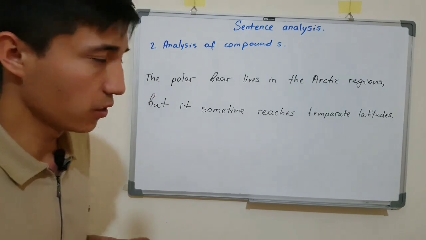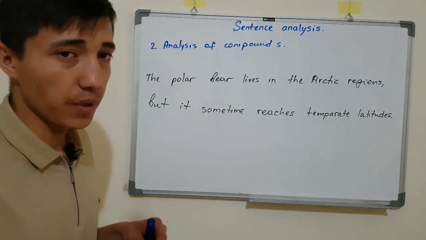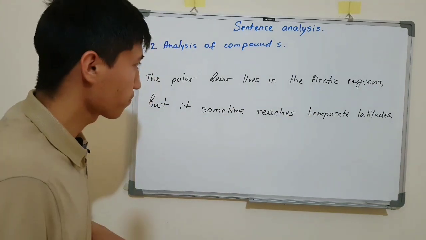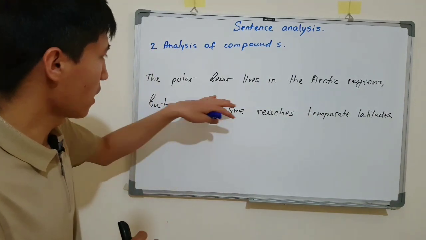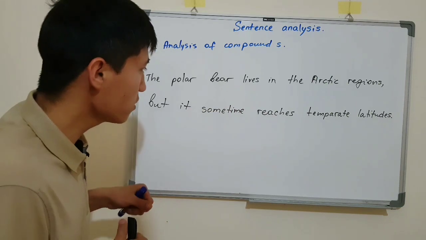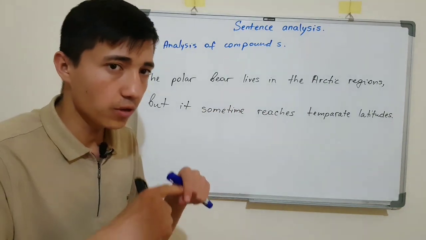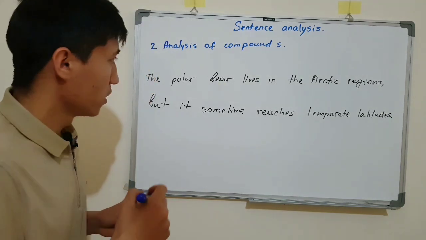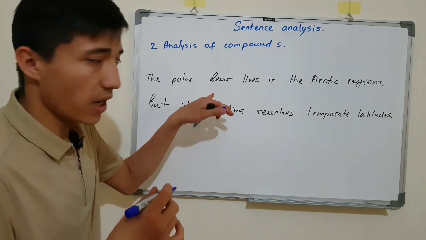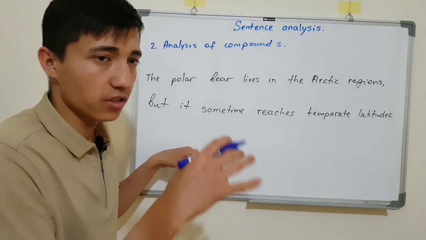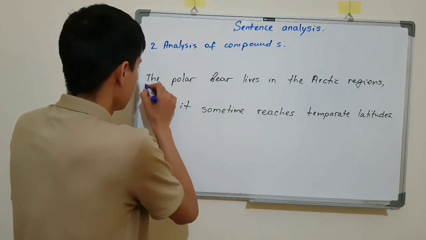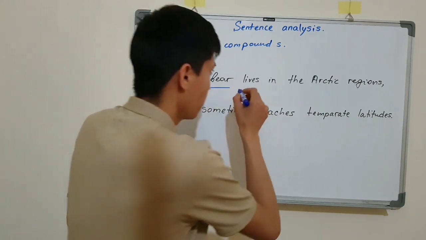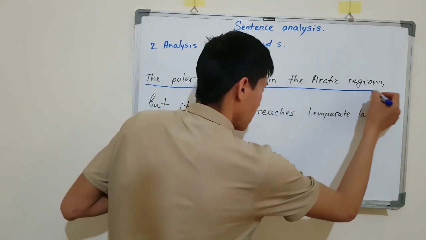It's a bit more difficult than the simple sentence analysis, because a compound sentence is a combining of two independent simple sentences. Each part has its own subject and predicate. The complete subject is the polar bear, and the complete predicate is lives in the Arctic regions.